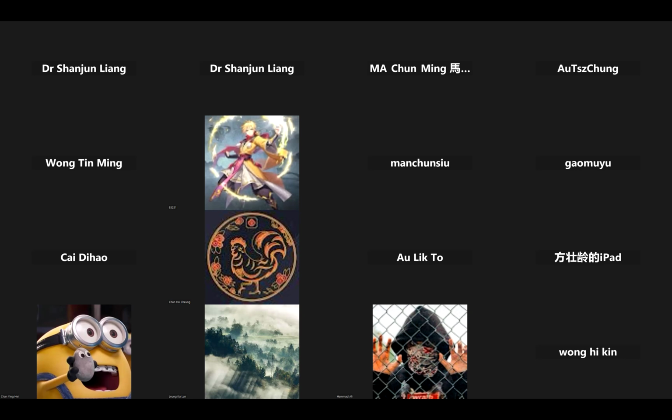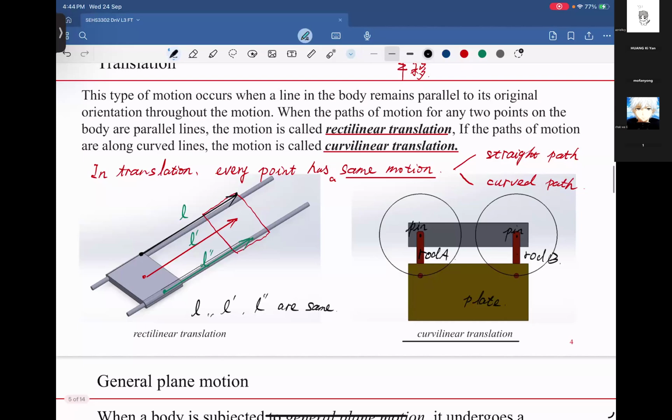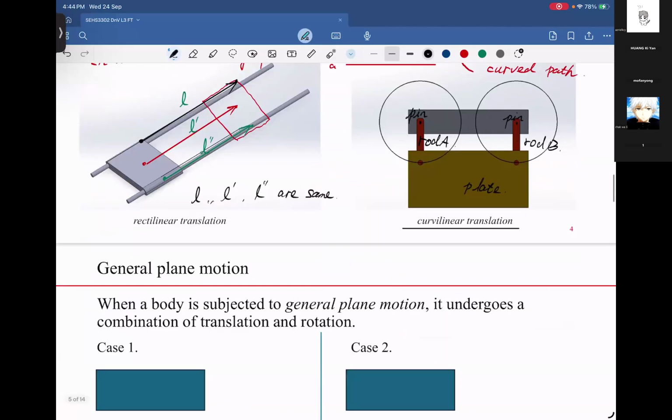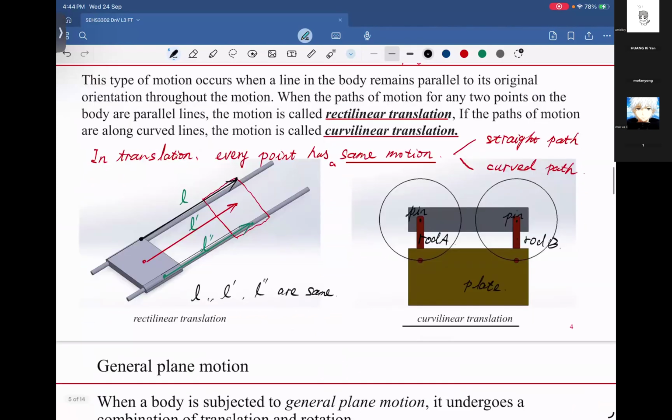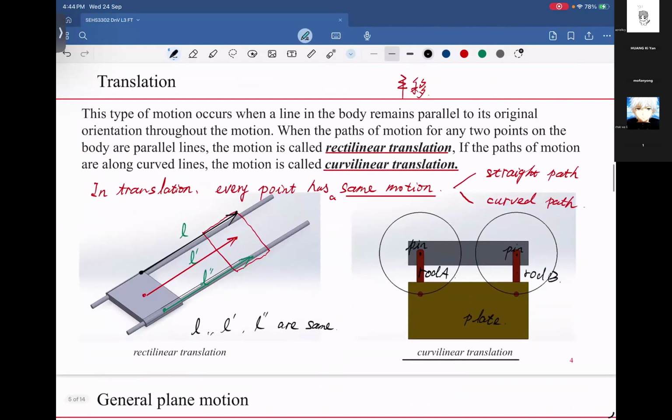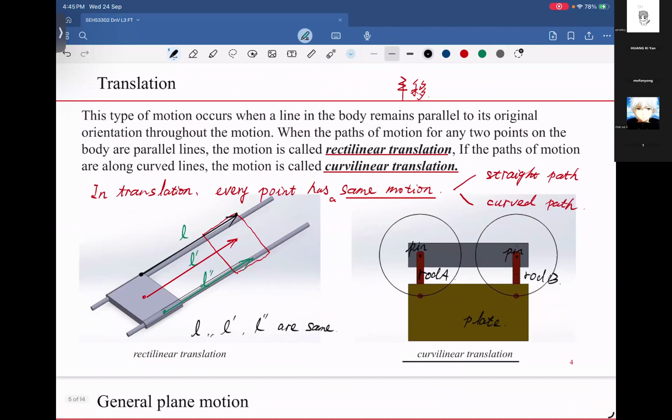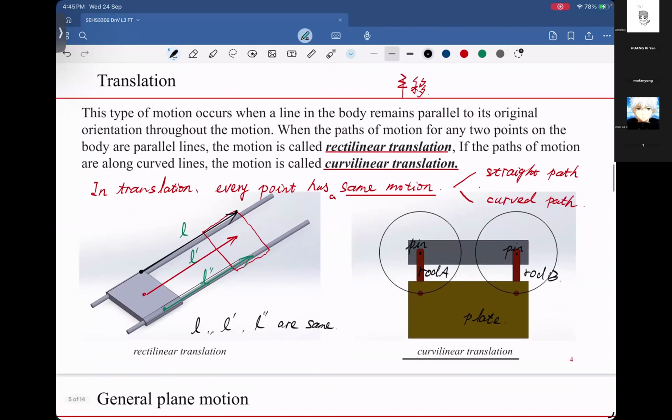So this is also translation. For a translation, what are the benefits of translation? As all the points have the same path, same velocity, same acceleration, right?